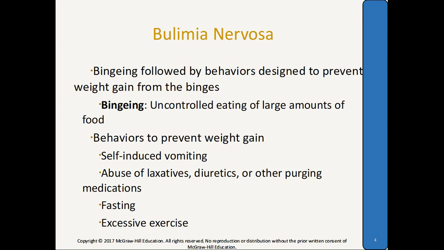And this binge eating is often followed again by behaviors to prevent weight gain. That can include self-induced vomiting. It can include abuse of laxatives, diuretics, and other purging medications. It can include excessive fasting, going for periods without eating, and it can include excessive exercise.